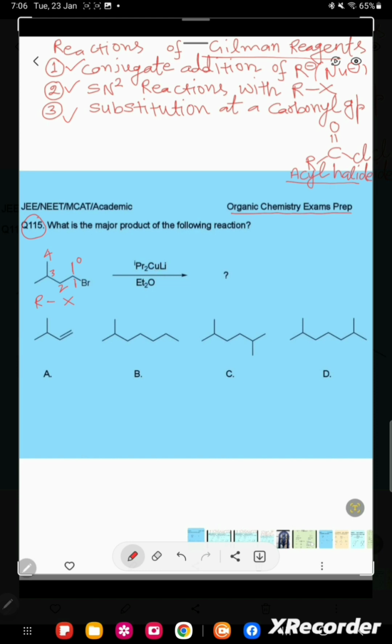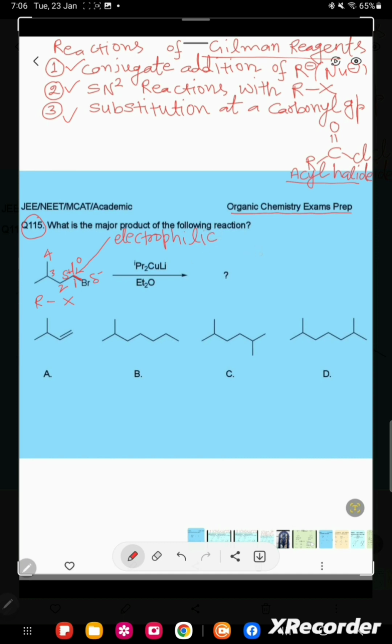Now here the Gilman reagent is lithium isopropyl cuprate. We know that this bond is polar, so Br is partial negative and this carbon gets a partial positive charge. So this center here is electrophilic. It wants electrons.